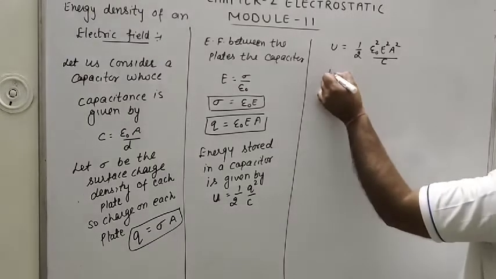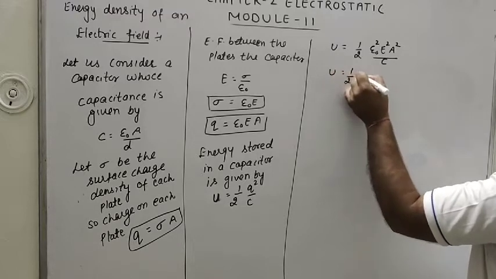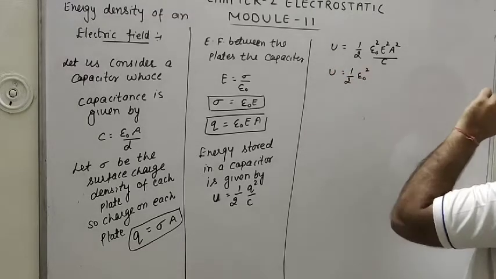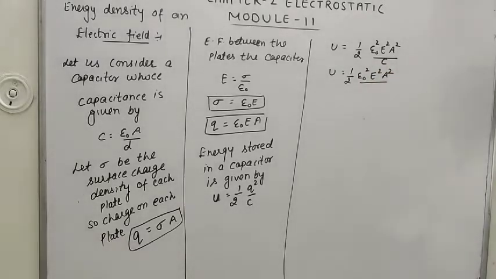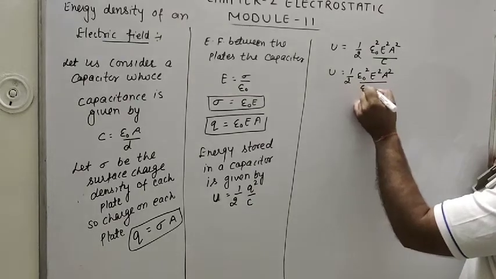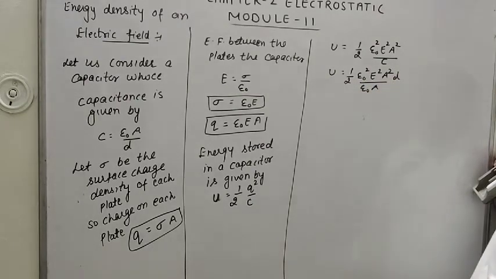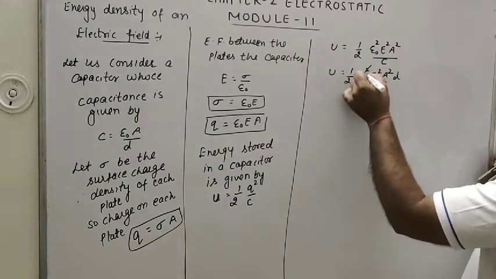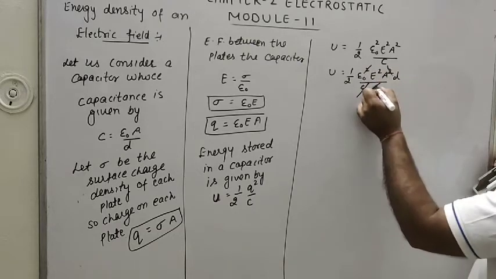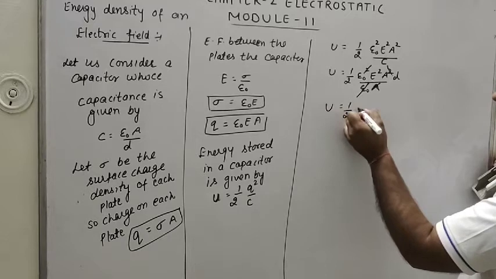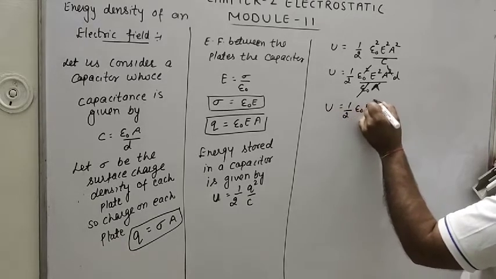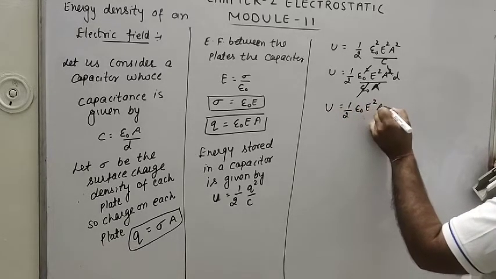That is U is equal to half epsilon naught square E square A square upon C. The formula of C is epsilon naught A upon D. Epsilon naught cancels, A simply cancels. U is equal to half epsilon naught E square into AD.